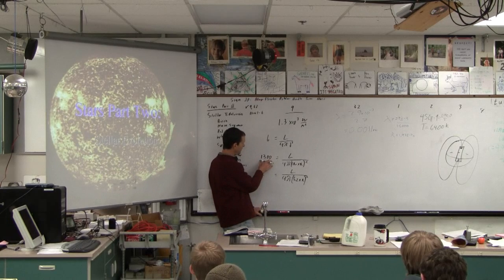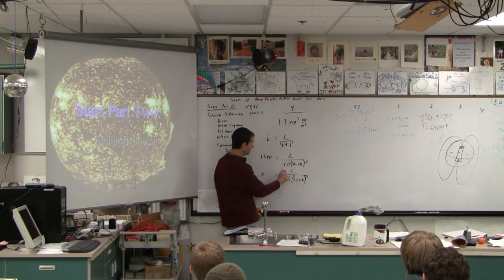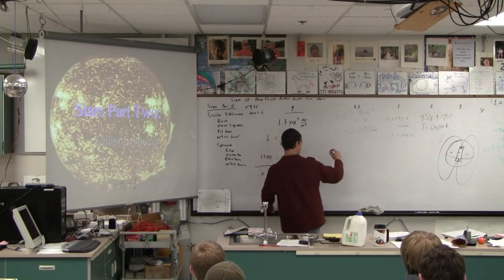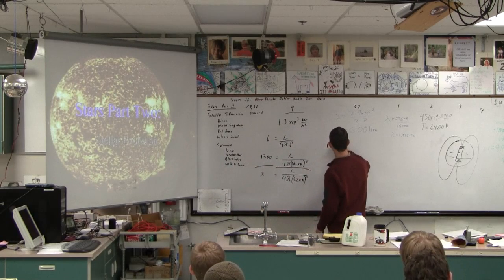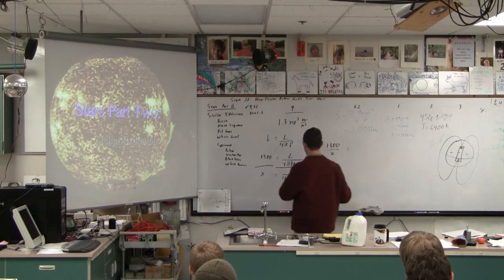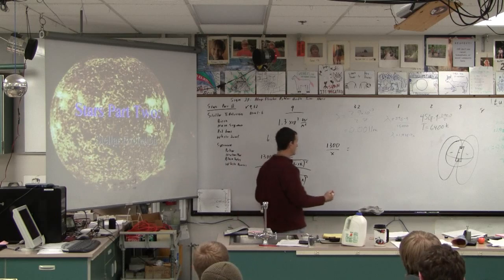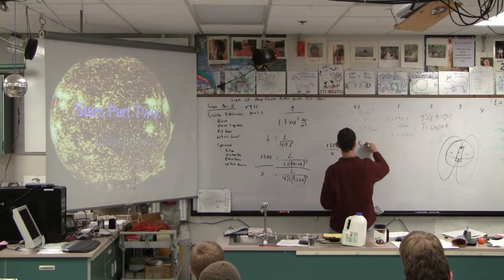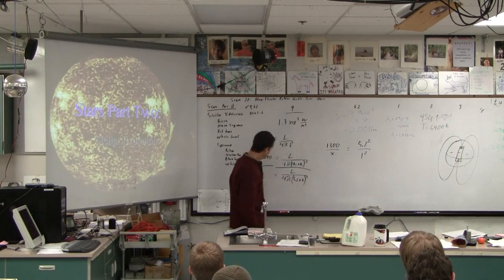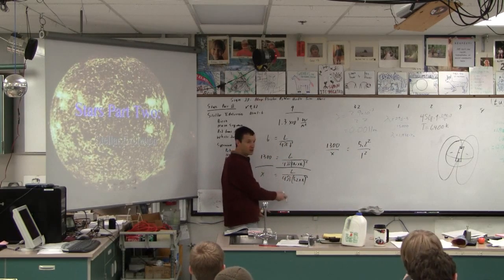Here's the Earth, right? Don't we know that L is L? It's the same sun, right? And we know that this is 5.2, so we can just divide these. So then you get 1,300 over x equals, and ultimately, by the time you've done turning all this stuff over, I think you end up with 5.2 squared over 1 squared, because the L's and the 4 pi's are all going to cancel out.